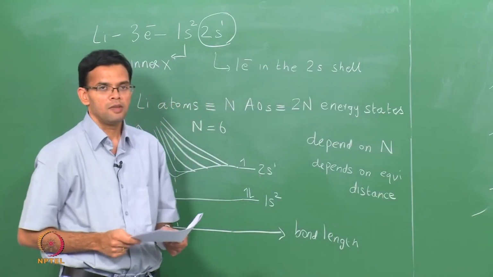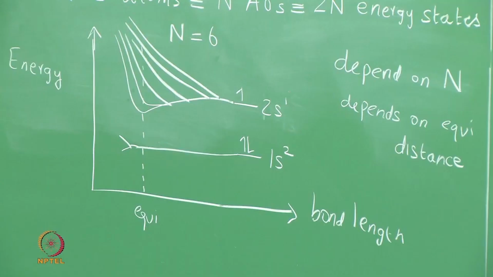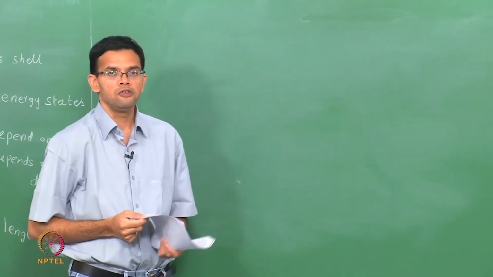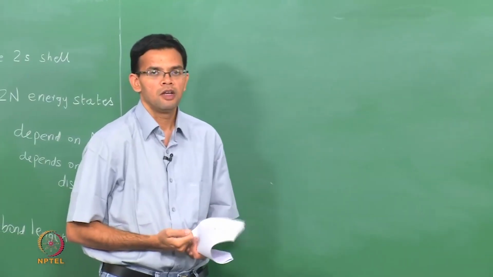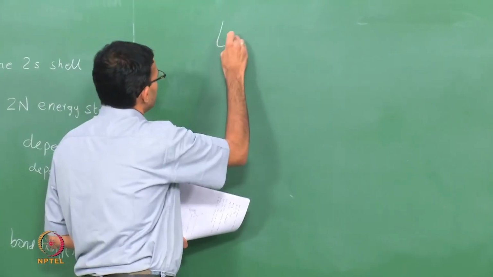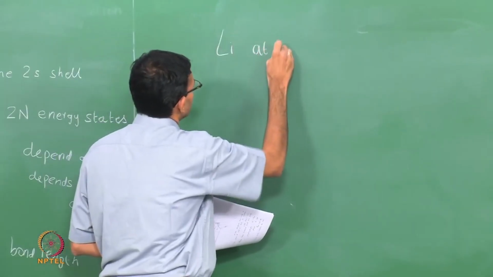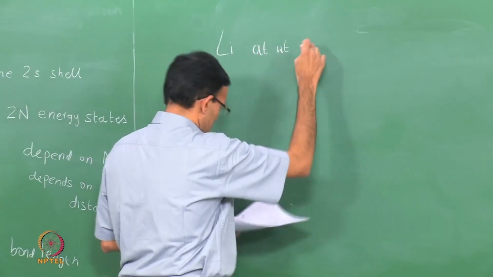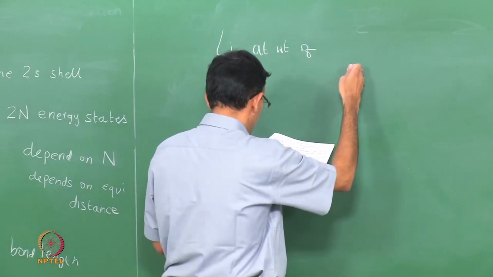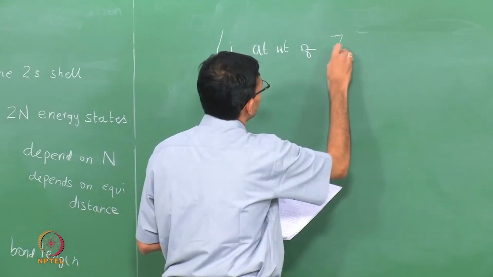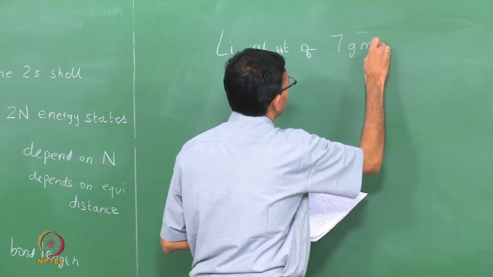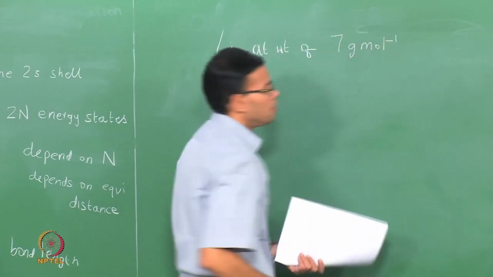So, what is a typical value of n? N is usually a very large number. For example, if you take lithium, lithium has an atomic weight of 7 grams per mole. Right.